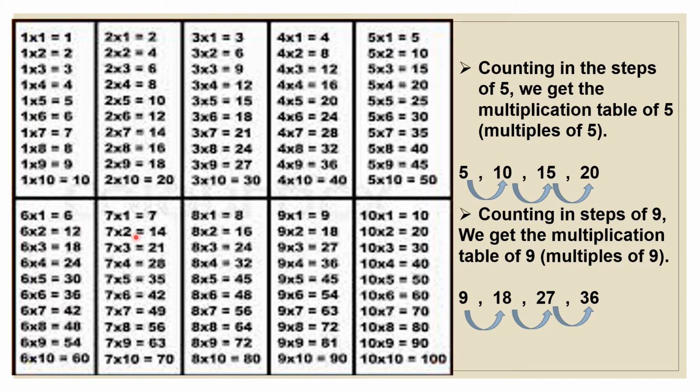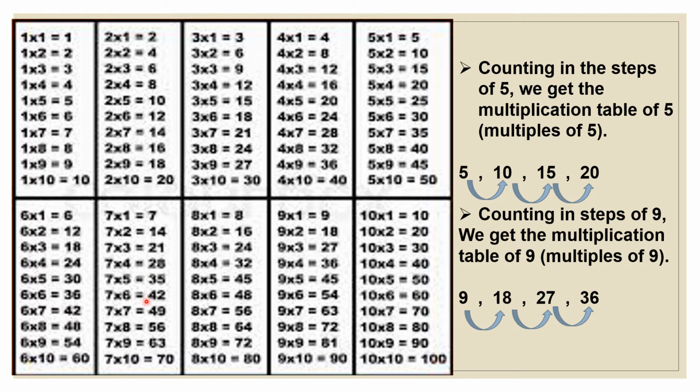Here, for example, if we have the table of 7, how am I finding the values? I am finding the values either by learning the multiplication table: 7 ones are 7, 7 twos are 14, 7 threes are 21, like this. Or I am counting on in steps of 7: 7 plus 7 is 14, plus 7 is 21, plus 7 is 28, like this.